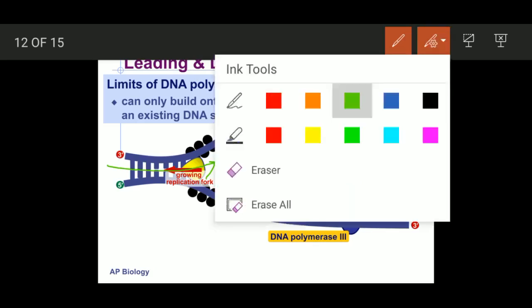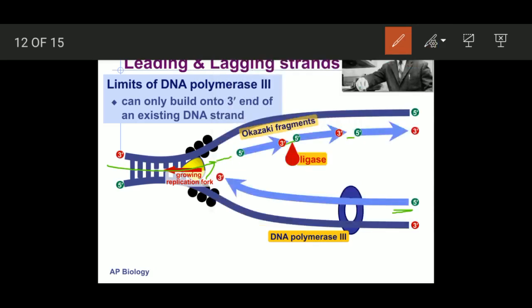So after that, from this RNA primer the DNA polymerase will again bind, and from this RNA primer the formation of a new strand will take place. The formation of the new strand will take place in the 5 to 3 direction, as we have already discussed.